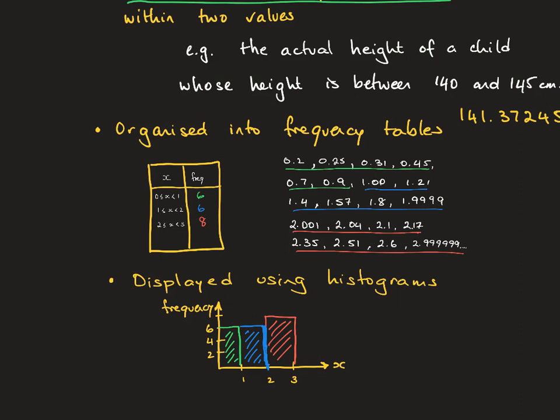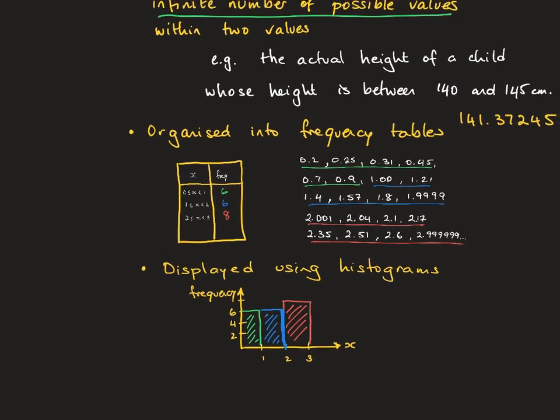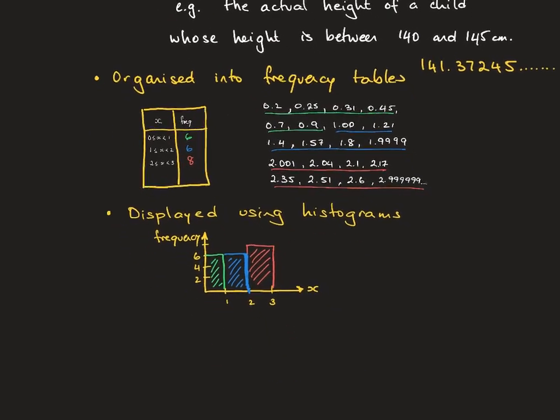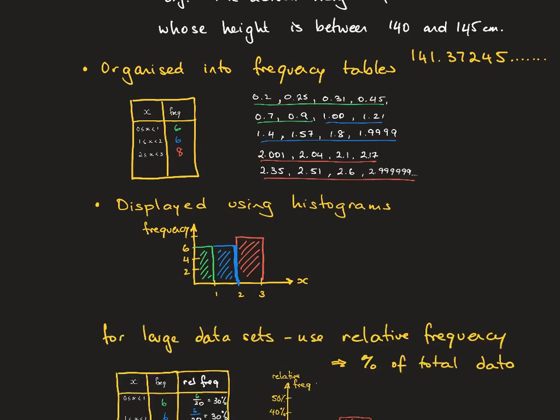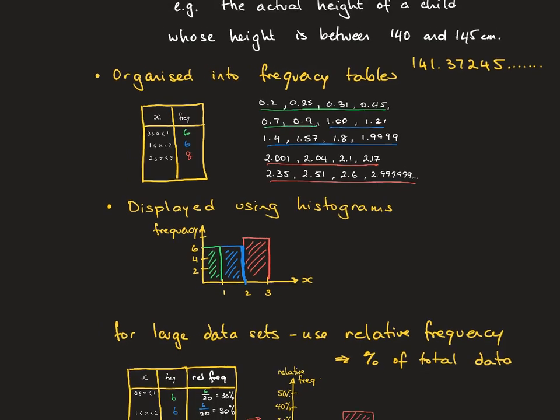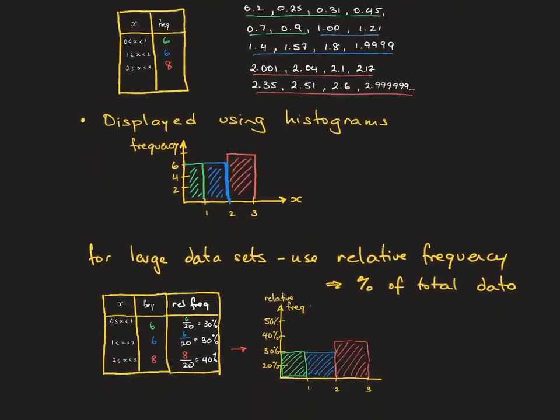Now that's fine for small amounts of data, but if you have really large amounts of data, you don't want your frequency axis going up to thousands and tens of thousands. What would be more useful data is to have those particular values as relative frequencies. So this is talking about turning our data values, our frequencies, into percentages.